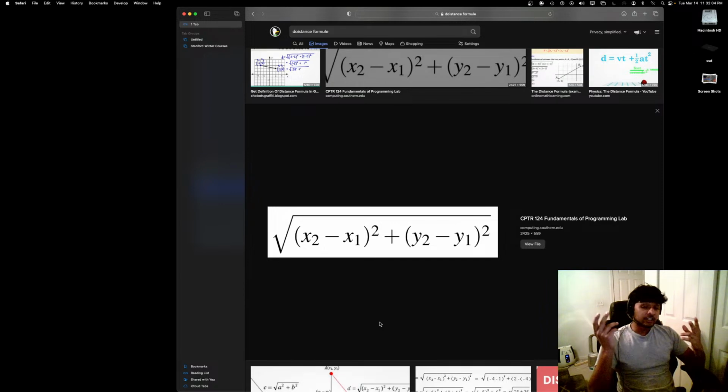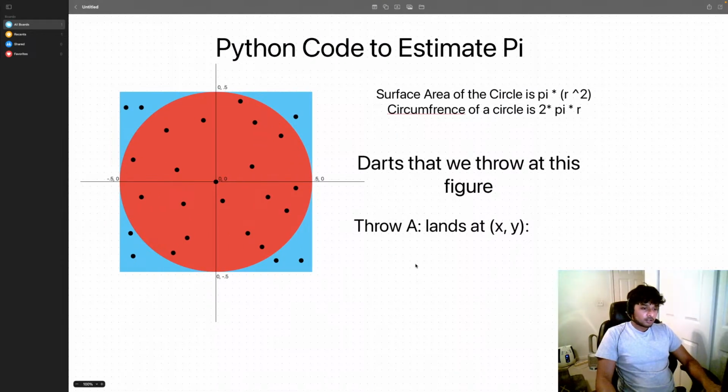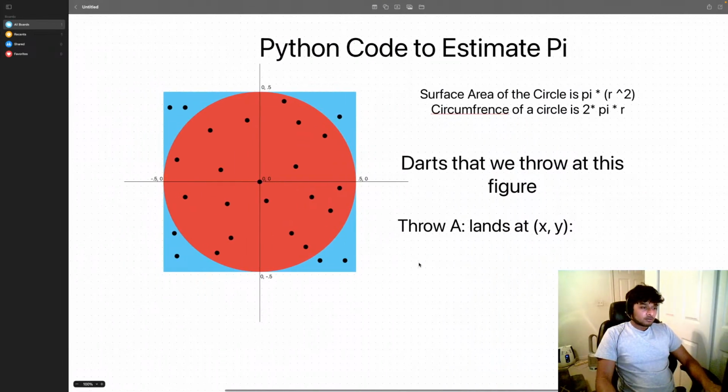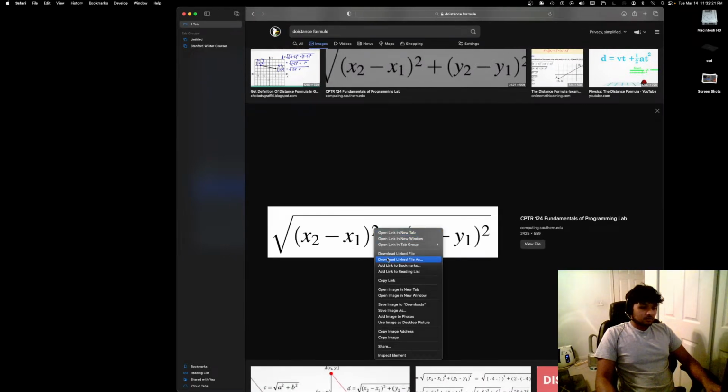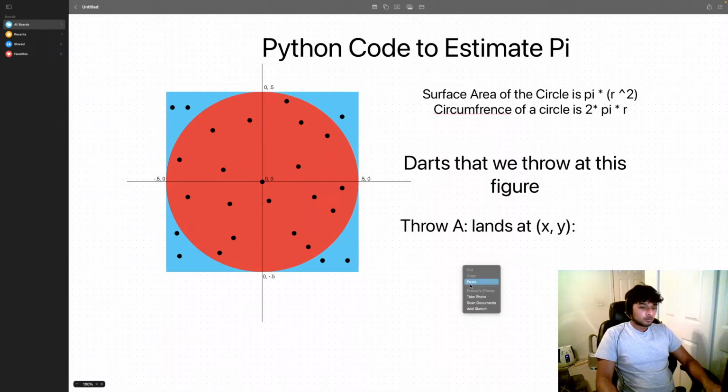The distance formula can also be genericized. Used that word twice in this live stream. Made up word. Into any kind of dimension that you're in. So let's copy the image, paste the image.